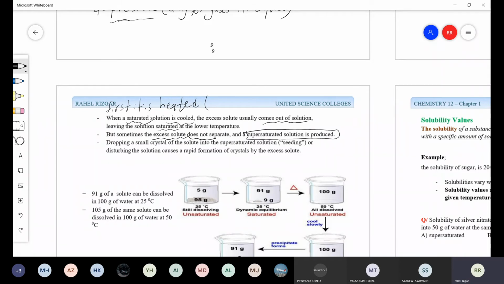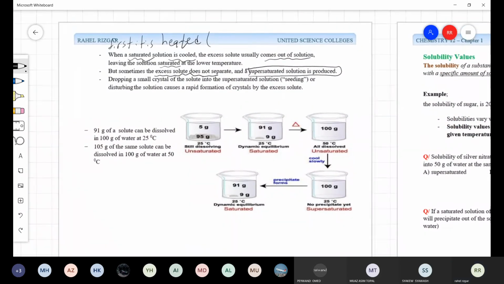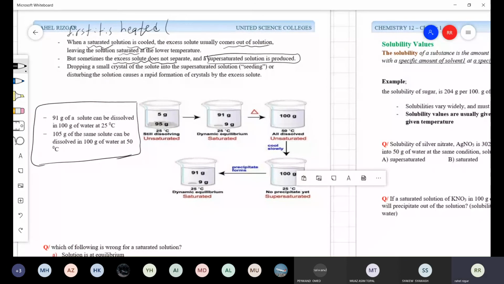Before we get to the last note, let me explain supersaturated solution on this figure. Let's look at this information; you will understand everything from it. It says that if a solute can be dissolved at 25 Celsius, the maximum amount that can be dissolved is 91 grams.